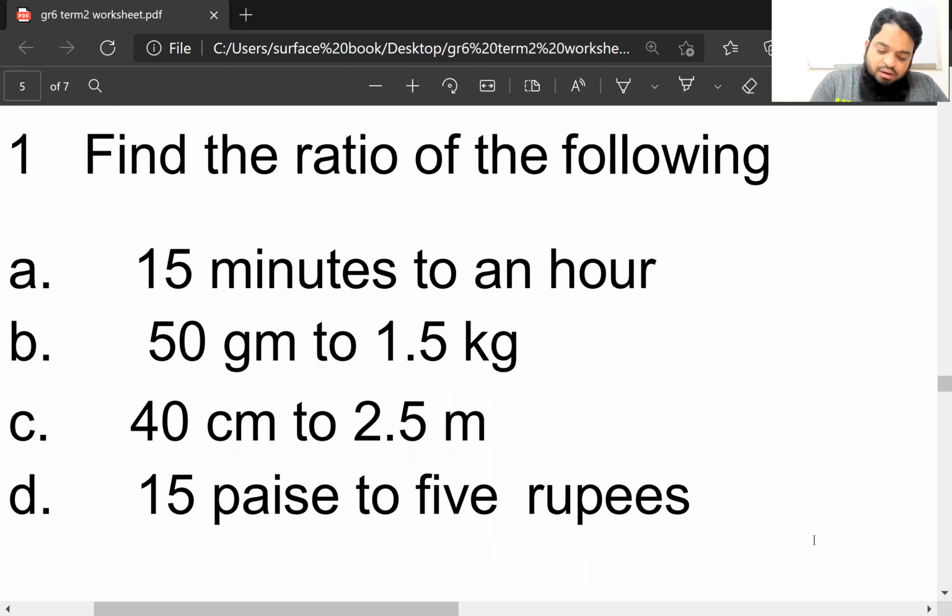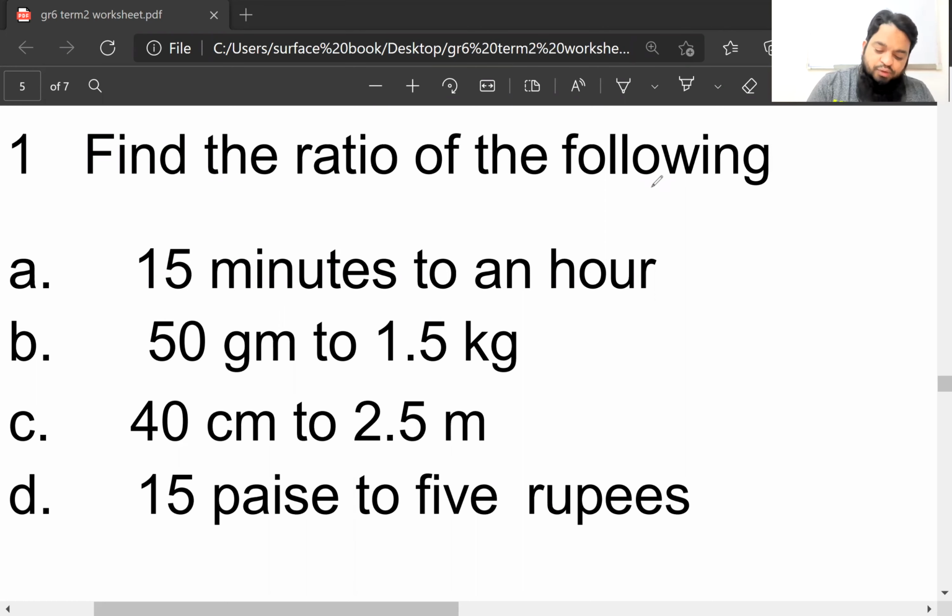Please remember, when we are comparing two different quantities in a ratio, the first concept is that the units of both the quantities should be equal.